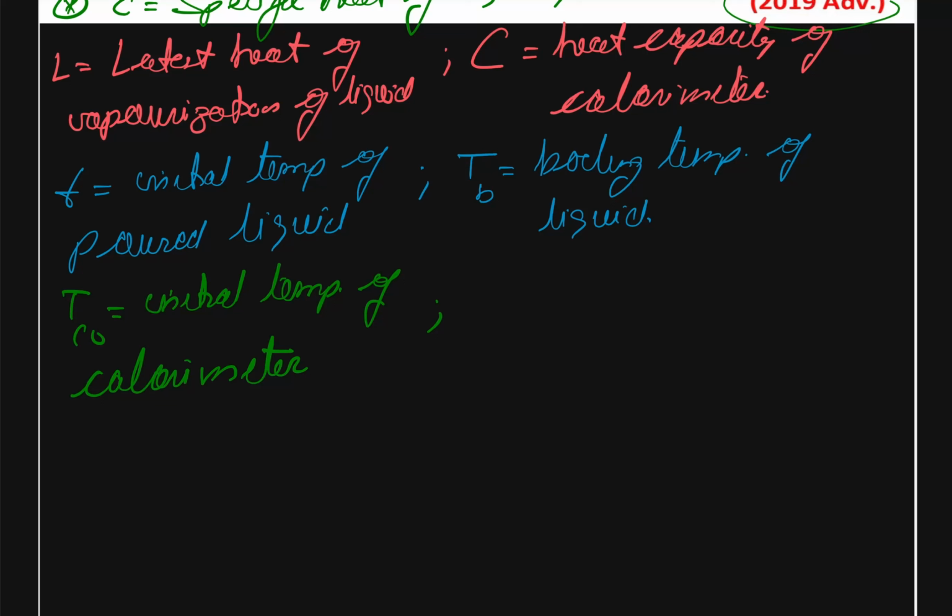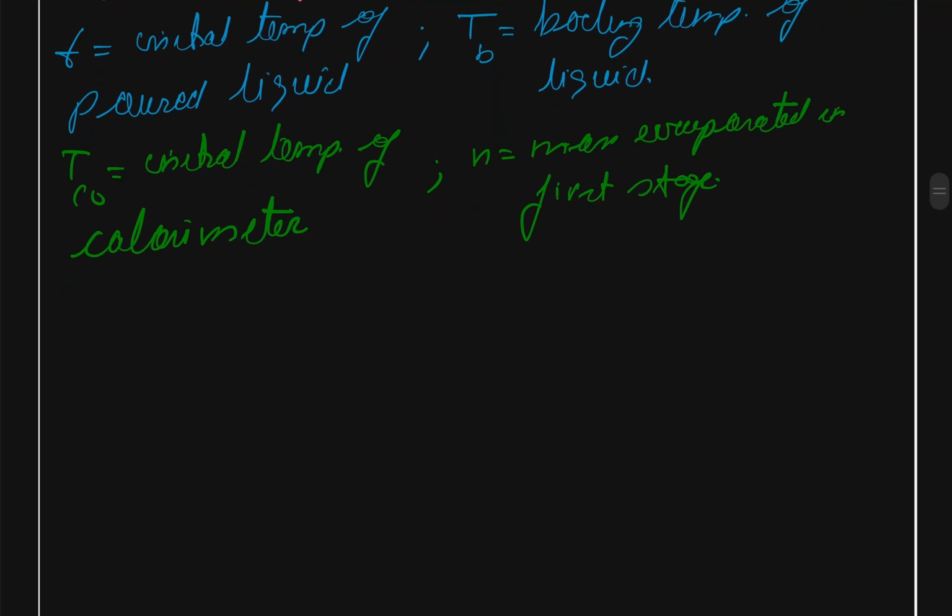Let us assume that the mass of liquid that is evaporated is small n. So small n is the mass evaporated in the first stage, and m is the mass added in the second stage.